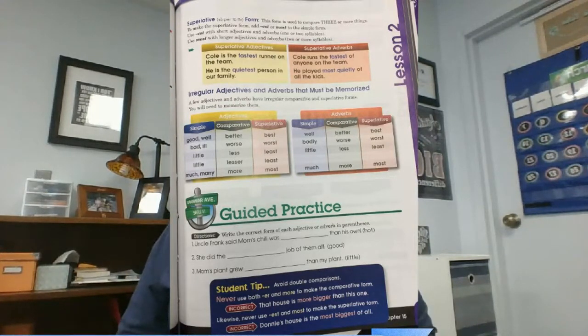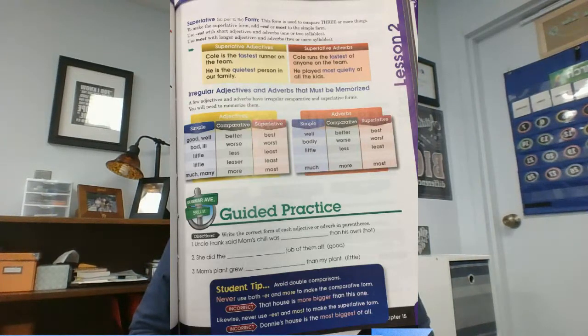Okay, if we were using good or well, the comparative form would be better and the superlative form would be best. So those are irregular. If we were using bad or ill, we would say worse or worst. And remember, irregular means that either the entire word changes or the spelling of the word changes.